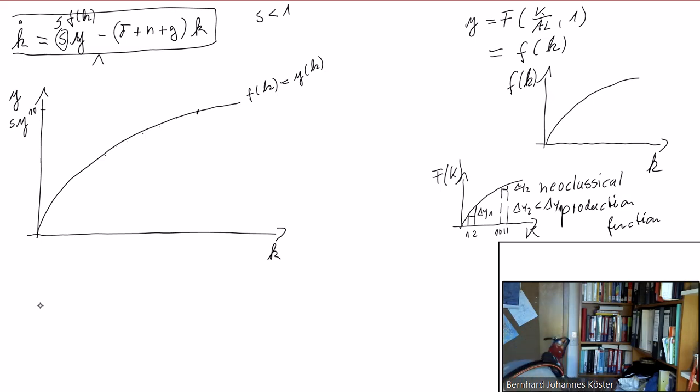So S times f of k then looks somehow like this. And since it's a relative decrease, the distance for a low level has to be lower than for a high level. So this would be then S times f of k.